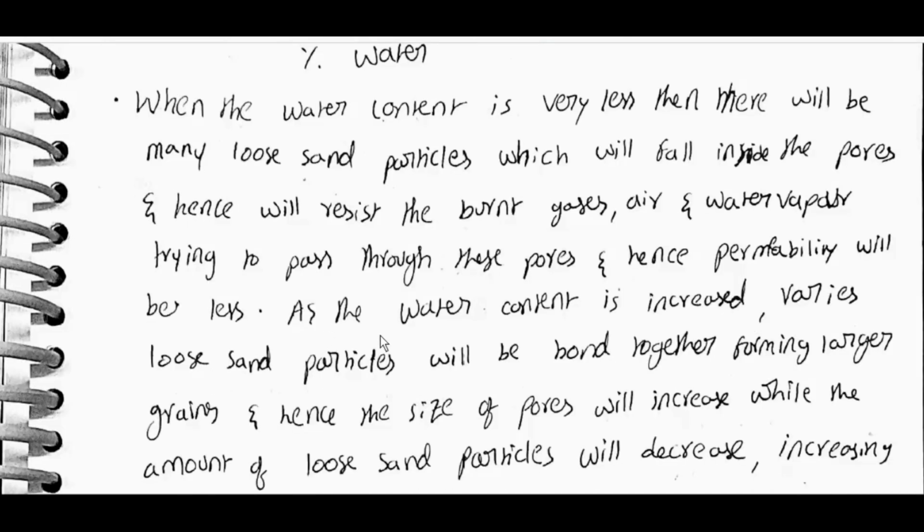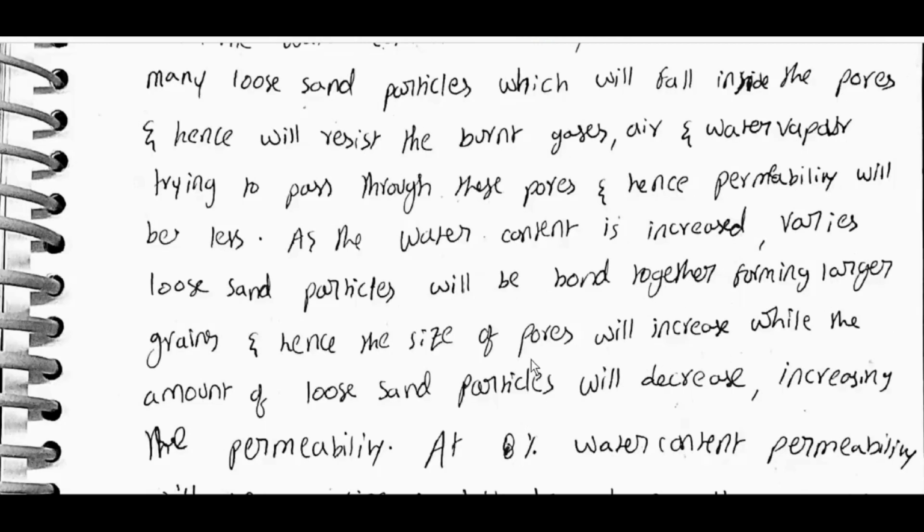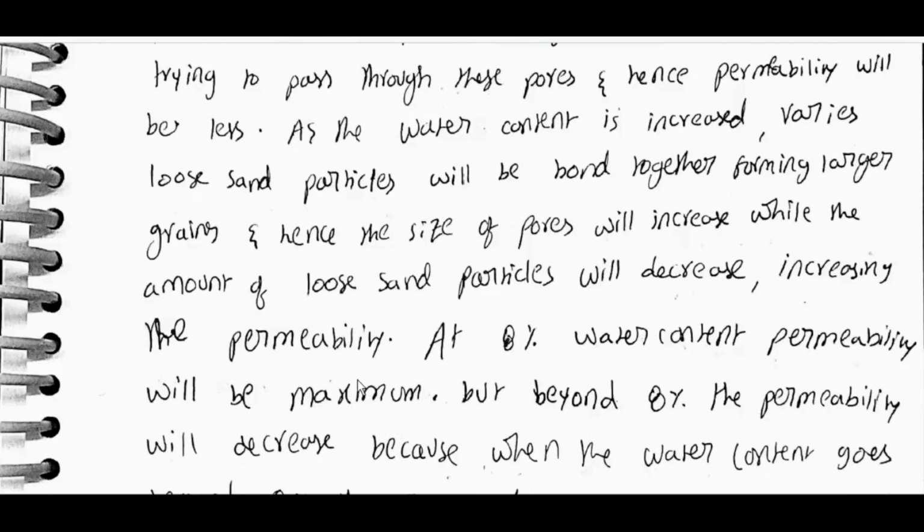As the water content increases, loose sand particles will be bound together, forming larger grains, and hence the size of pores will increase, while the amount of loose sand particles will decrease, increasing the permeability.